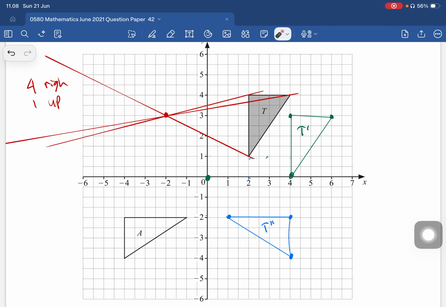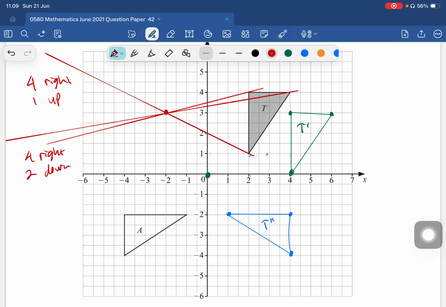And how many down? 1, 2, 3, 4, then 2 down. Last we got 1, 2, 3, 4, 5, 6, 6 to the right and 1 up. So we will multiply it by a half and make it opposite.